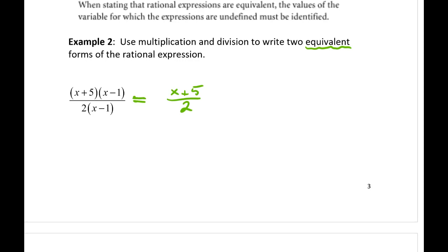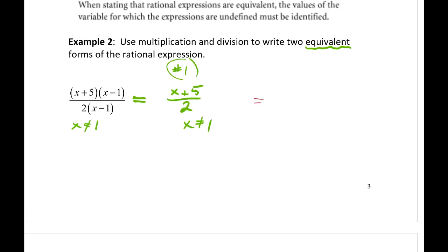The only thing is I need to be clear here that x can't be 1 here, then x can't be 1 here. Now that seems a little odd because really x could be 1 here. But because we want equivalent expressions, we say x can't be 1 in both of them. Okay, so that is an equivalent expression. So this is like our first equivalent expression. Let's now try another one.